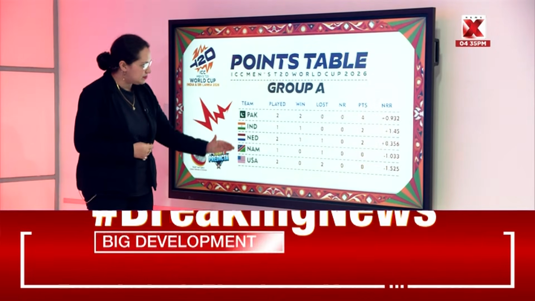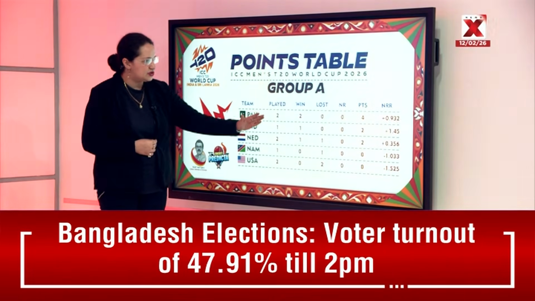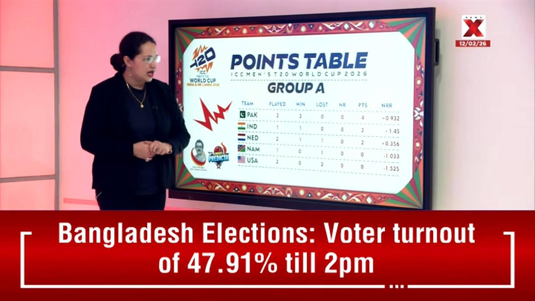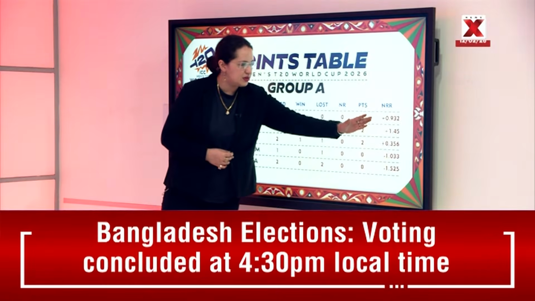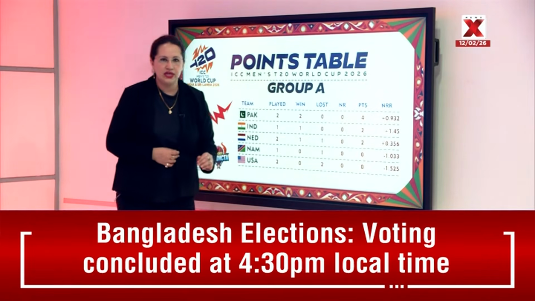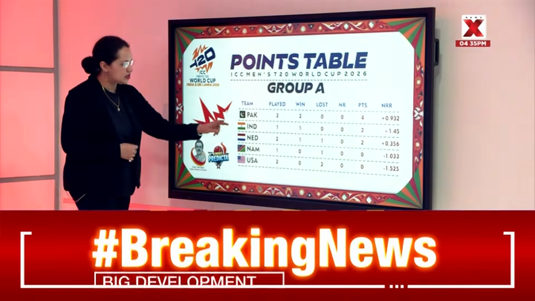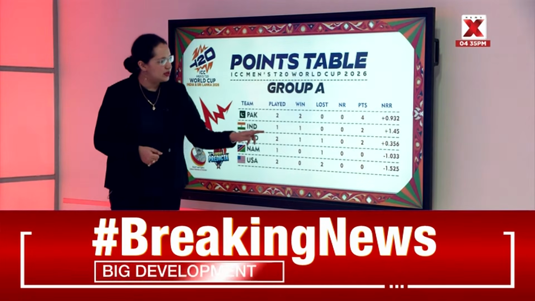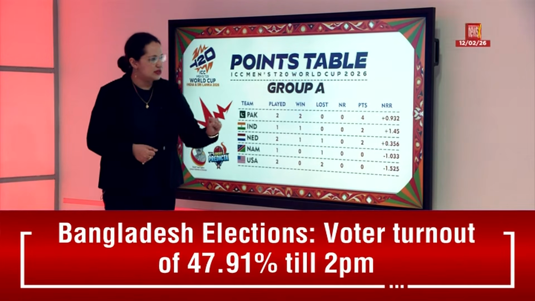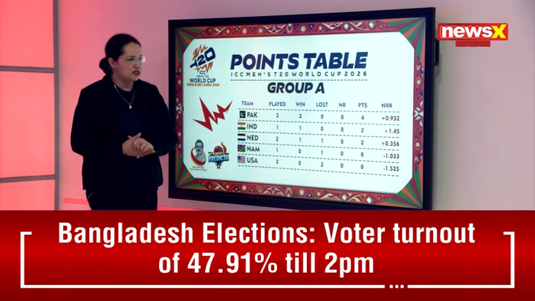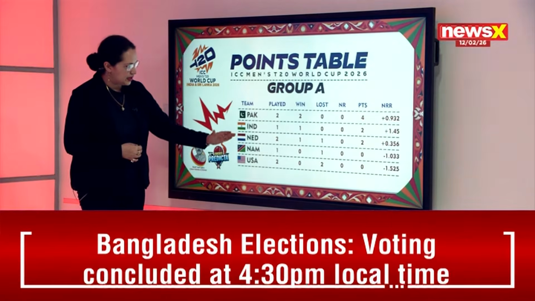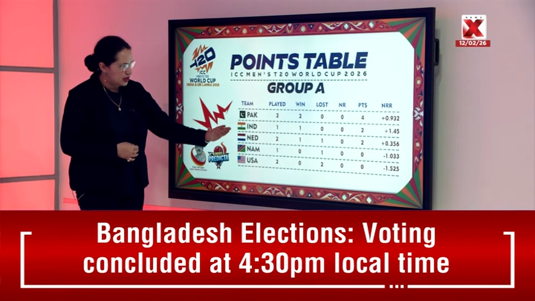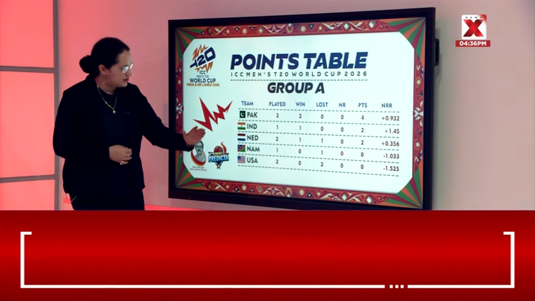Now, the teams are listed. Pakistan played 2, won 2, and the points now are 4 and the net run rate is plus 0.932. Let's talk about India now. Played 1, won 1, and the net run rate is plus 1.45. Now let's talk about Netherlands, 2 points, plus 0.356.